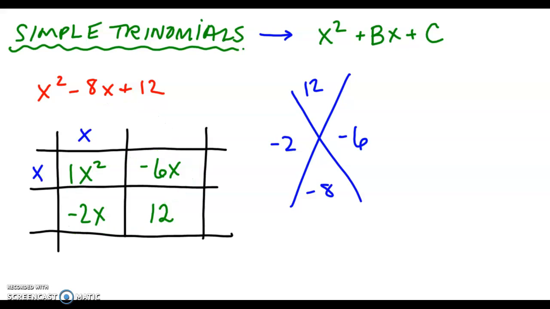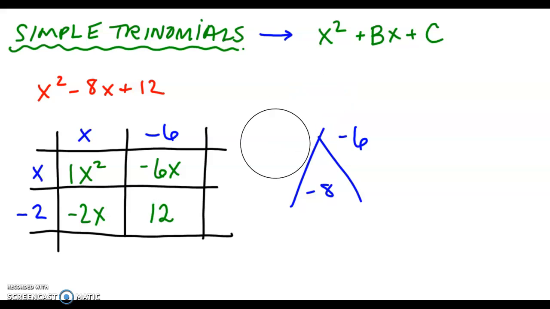And so now I can figure out my column headings. I think, anyways, x has to be multiplied by -6. So -6 times x gives me the -6x, and here x has to be multiplied by -2. That works. Now let's see here, -6 times -2, yes, gives me +12. So that would work.